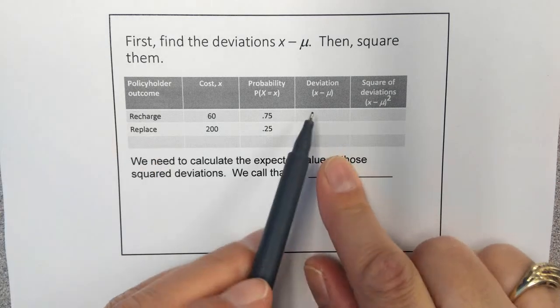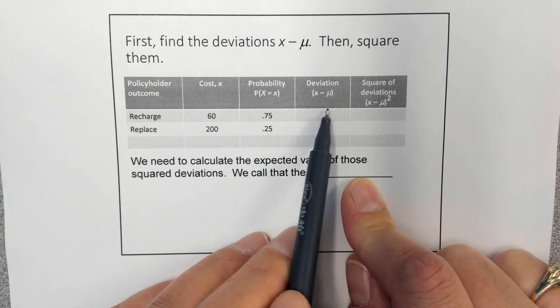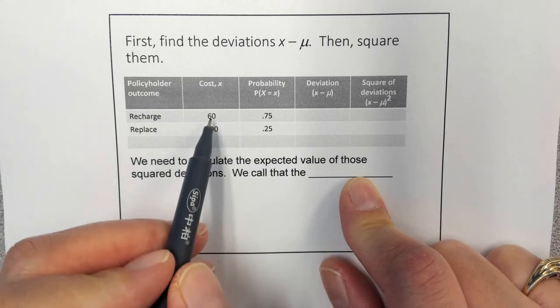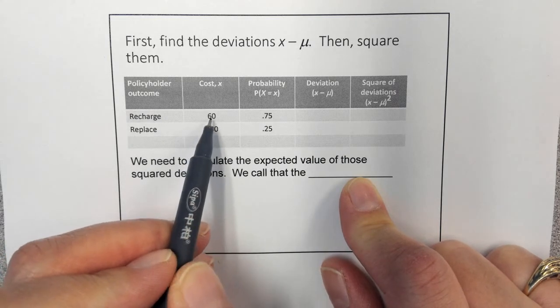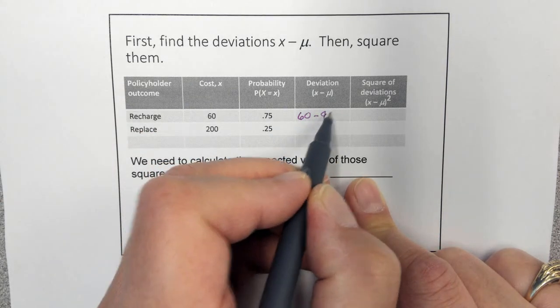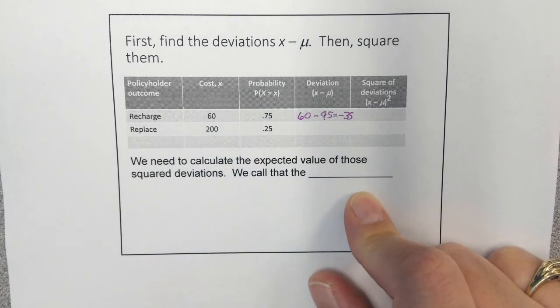So we're going to compute the deviations of each x value from the mean. So x minus mu, observed minus expected. So if we have a cost of $60 and we subtract the mean of 95, that's negative 35, right? Yes, Mr. Rice, it is. Okay.